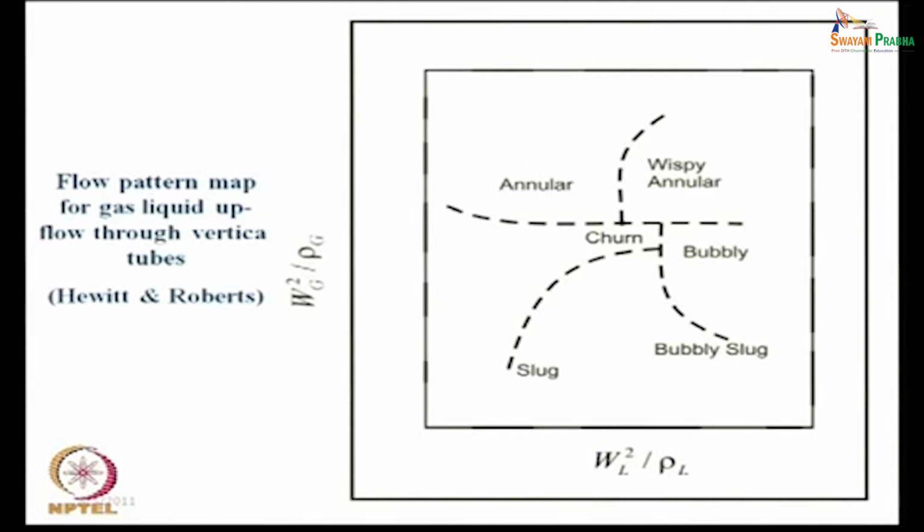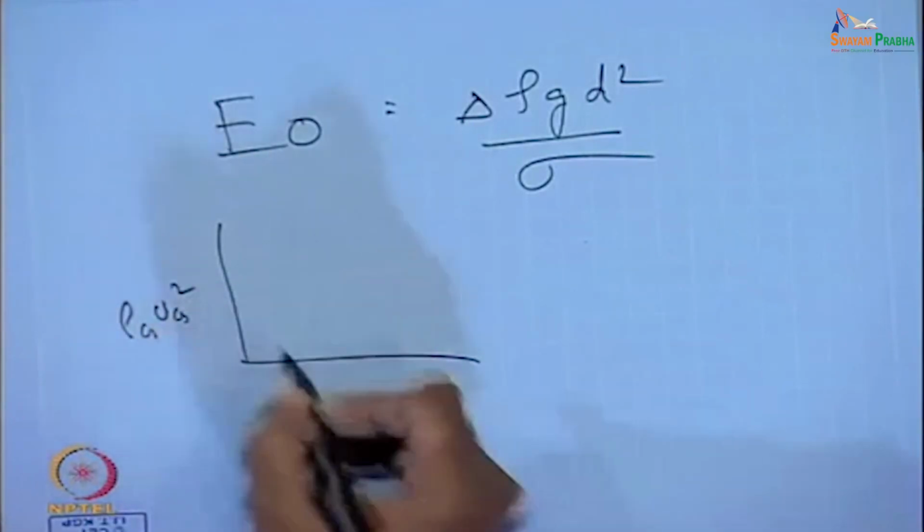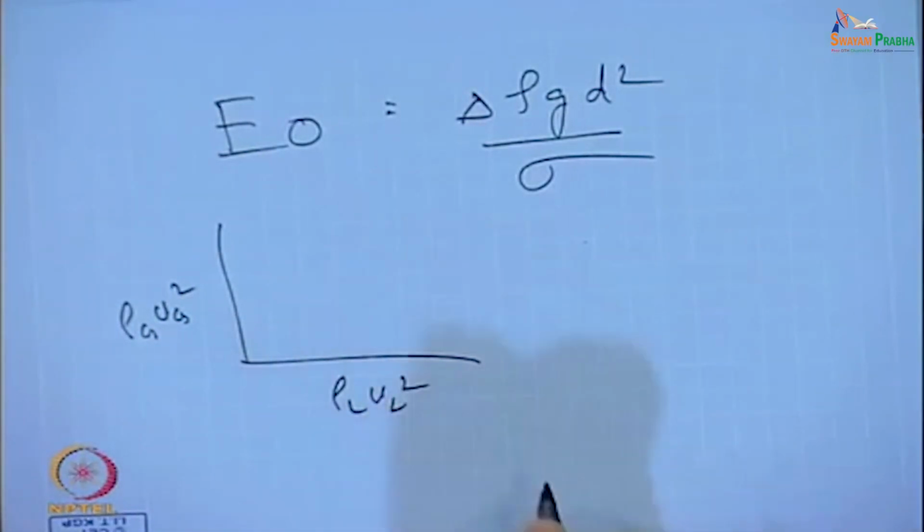Now, in this vertical flow map, they have used the superficial momentum flux of the gas as the y axis, and the superficial momentum flux of the liquid as the x axis. It is basically rho L U L squared. If you transform it, it becomes W L squared by L. So here you have rho g U g squared and here you have rho L U L squared.